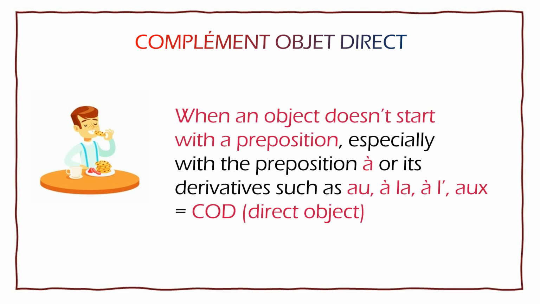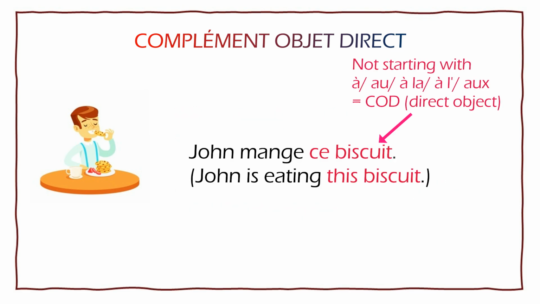When an object doesn't start with a preposition, especially when an object doesn't start with the preposition à or its derivatives such as au, à la, à l', aux, we call that kind of an object a direct object or COD. Here, ce biscuit is a direct object or COD because it's not starting with the preposition à.